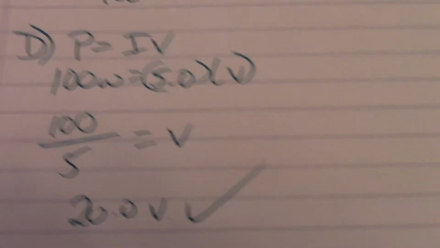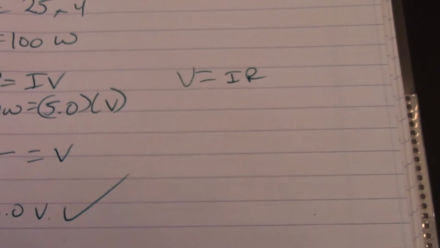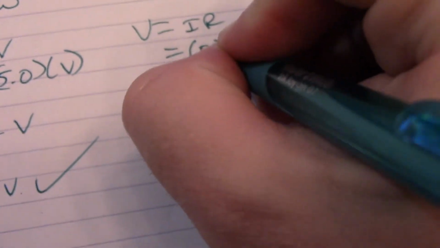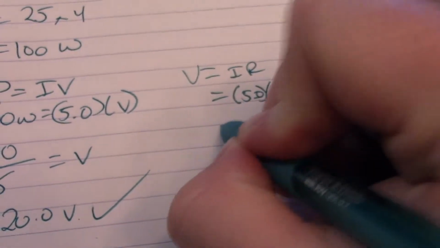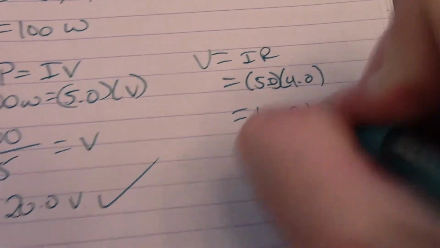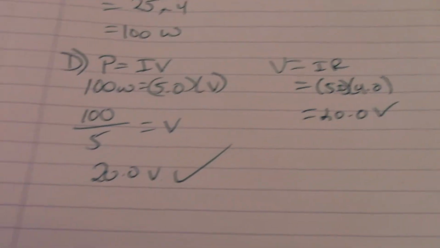And then I can use V equals I times R as well. So we're verifying that it's actually using 20 volts: 5 times a resistance of 4 ohms is also 20 volts. So these equations are interchangeable.